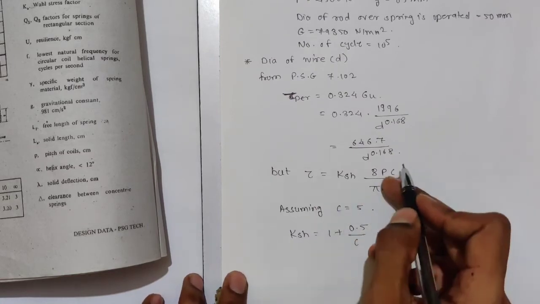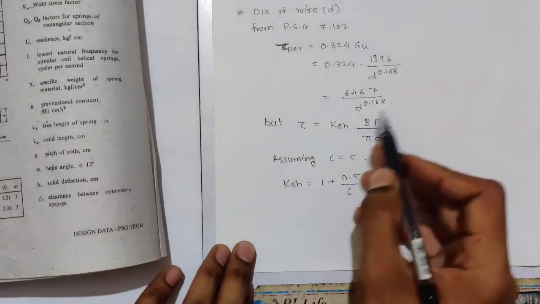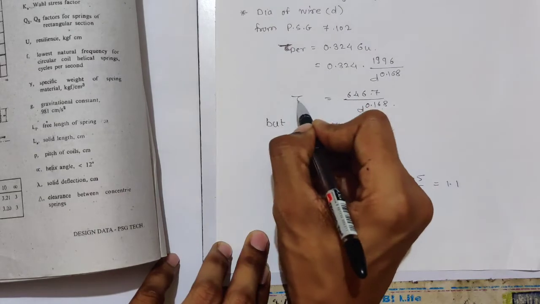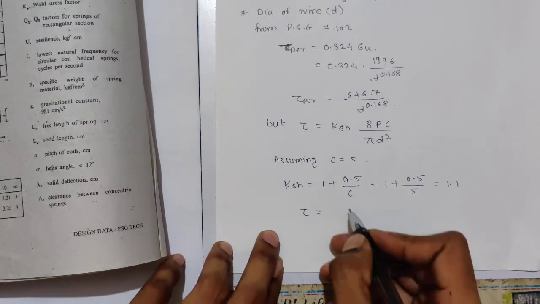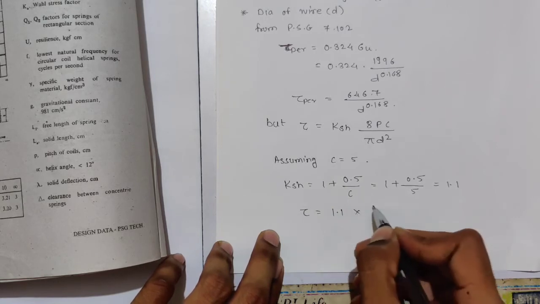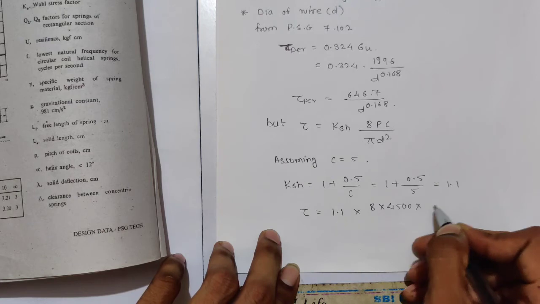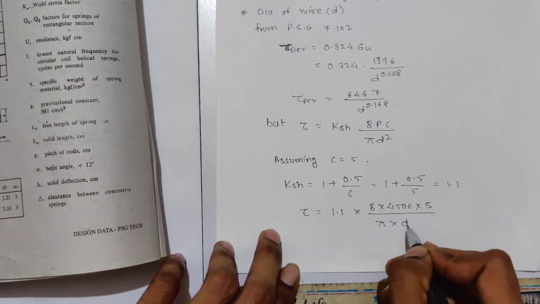Okay, I'm just putting this term over here. So tau is equal to ksh, 1.1, into 8 into P, which is given as 4500, c is 5, whole divided by pi into d square.